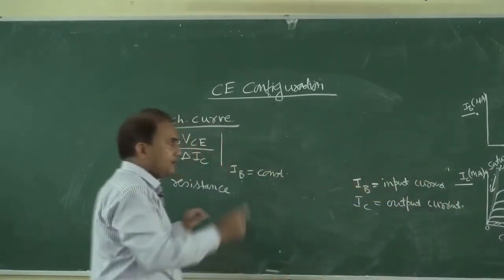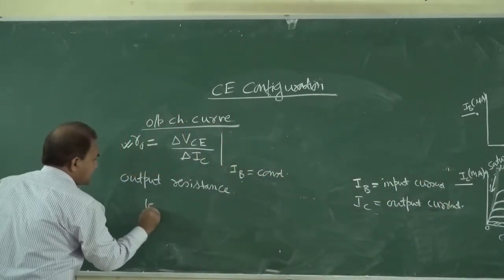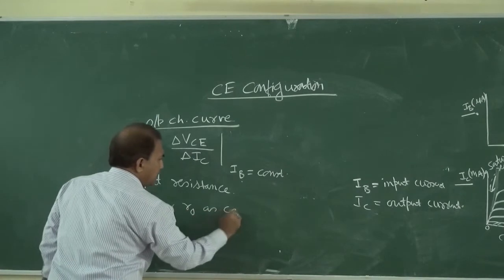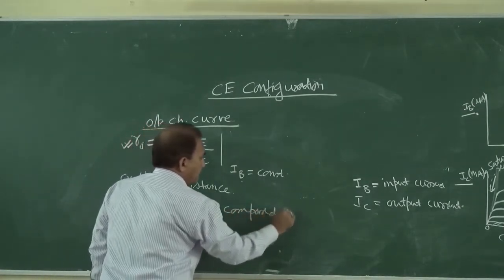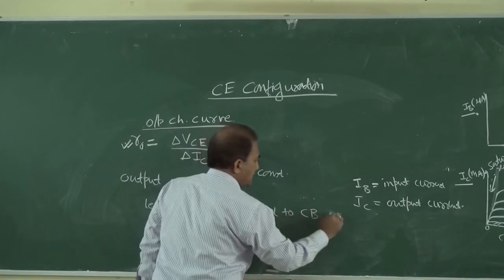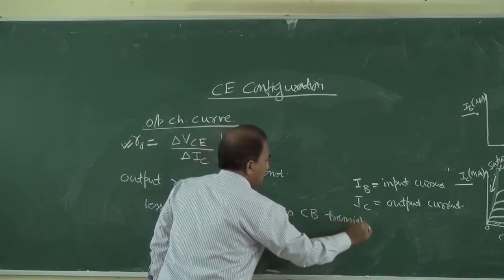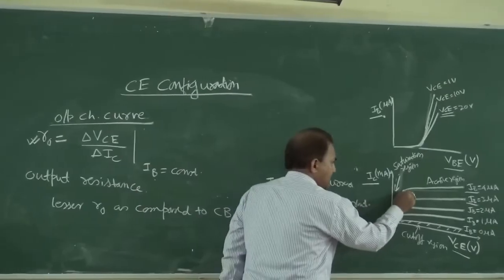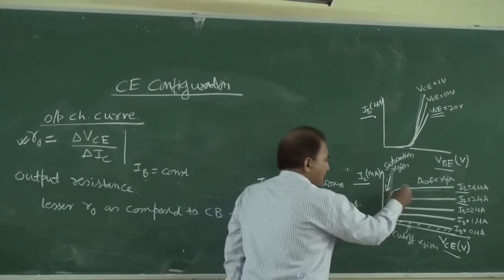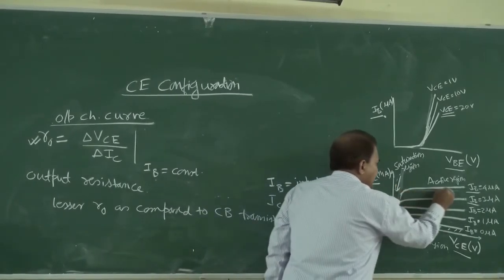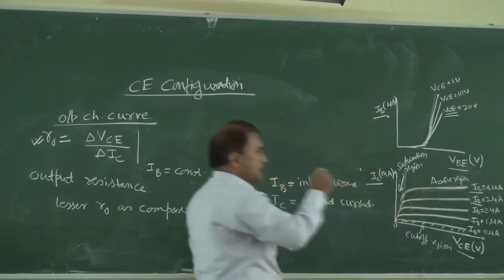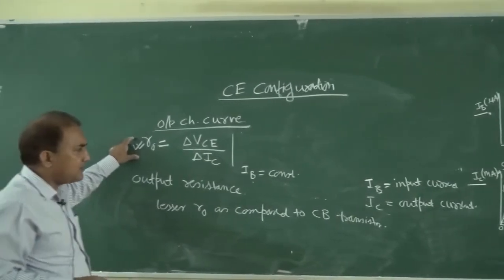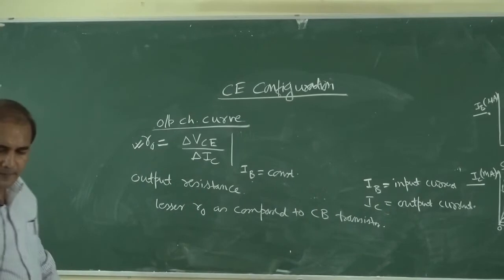Because of this it has lesser output resistance as compared to common base configuration. In the common base configuration the curve was purely horizontal, but here it has some slope. That is why it has lesser output resistance.